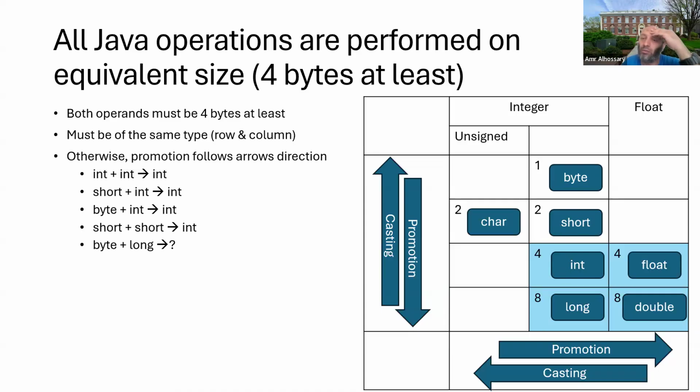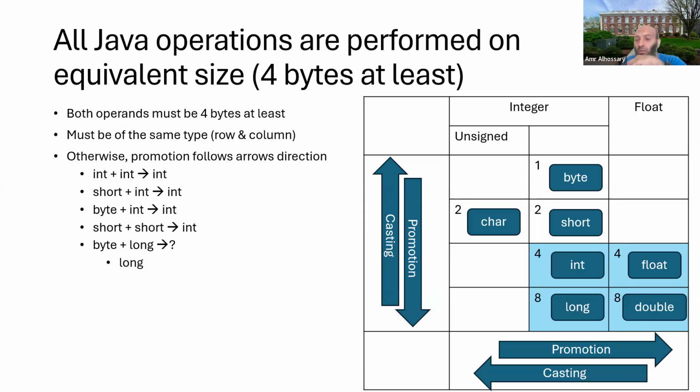Byte and long, what will that produce? I believe byte and long stays as long. Exactly, yes, long. Nice. So the byte is promoted to long to match the other one, and they are both operated upon as longs.